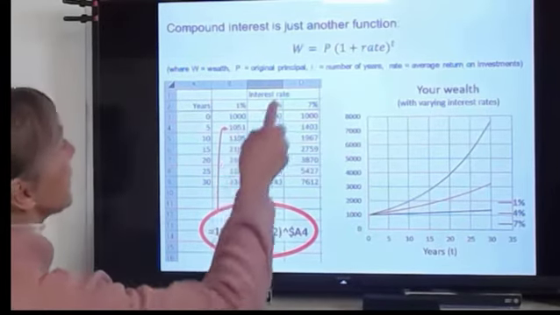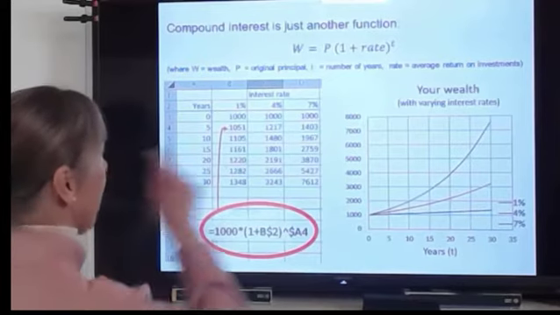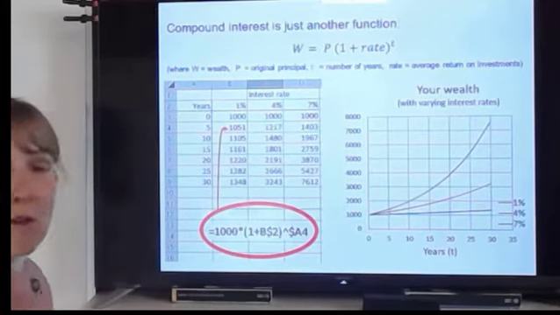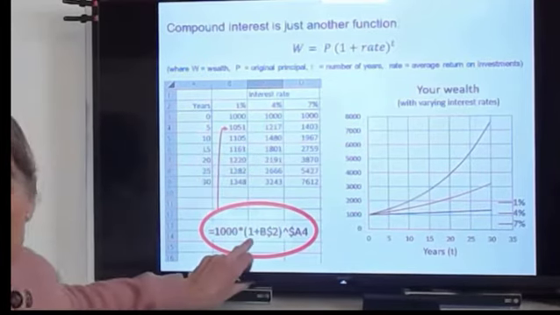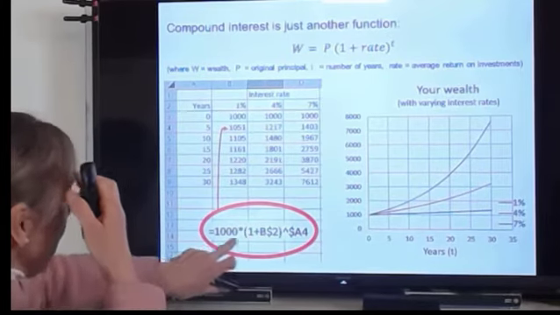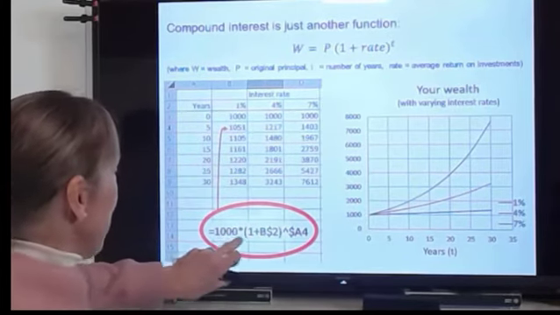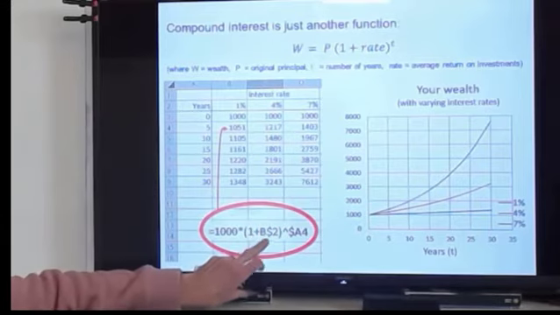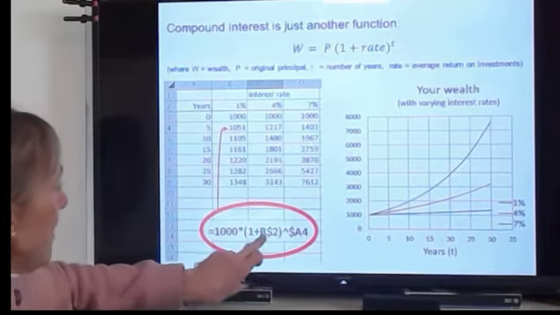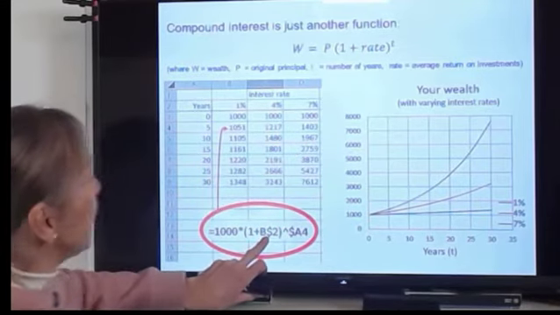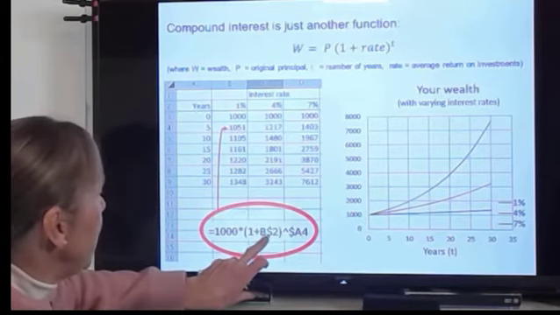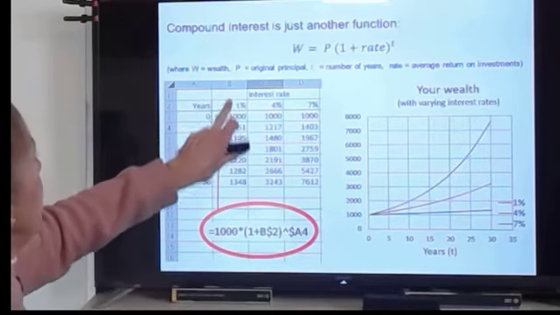All right, so for instance, this is a spreadsheet I put together, and in that cell there, here's the formula I used. So it's 1,000, because that's our principal amount. Here's my 1 plus r, and the rate my spreadsheet is picking up from cell B2.